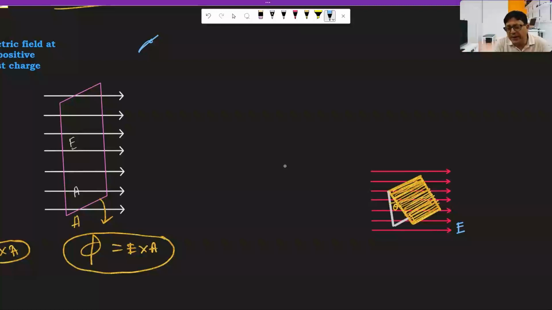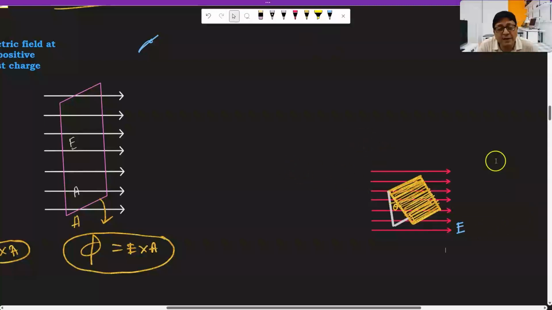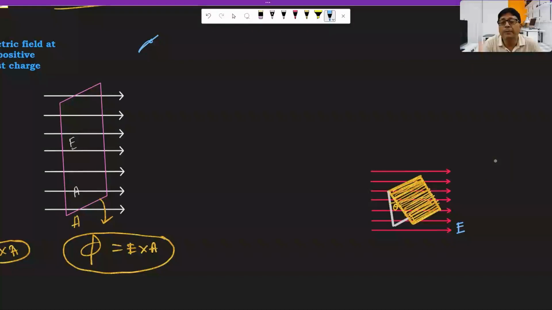It is a bit inclined from the vertical position. So the flux will not be the same as when this area was taken in the perpendicular direction. This white one is perpendicular.